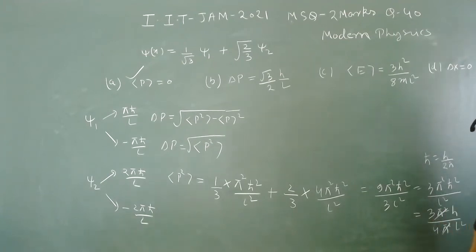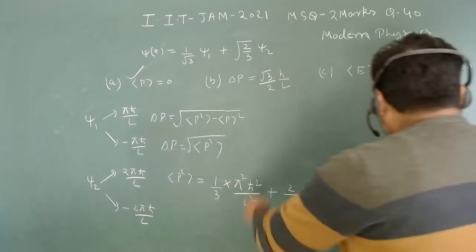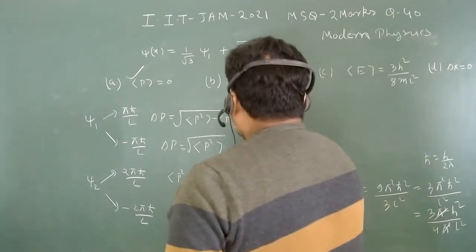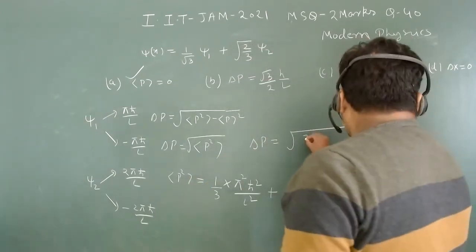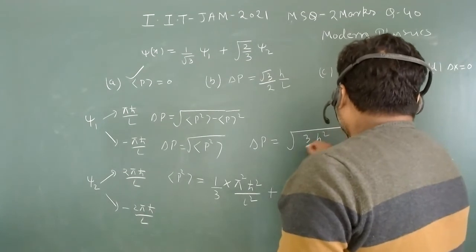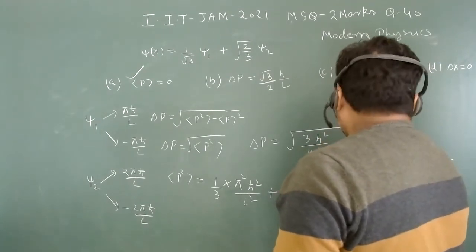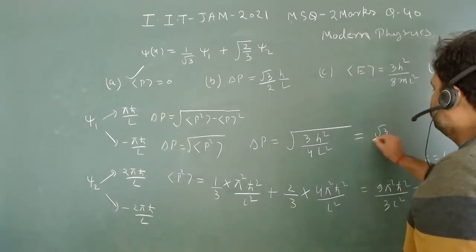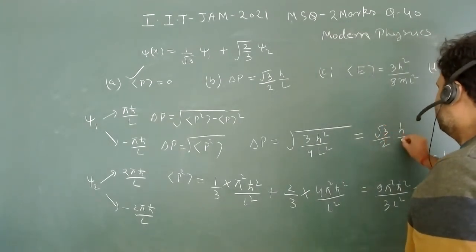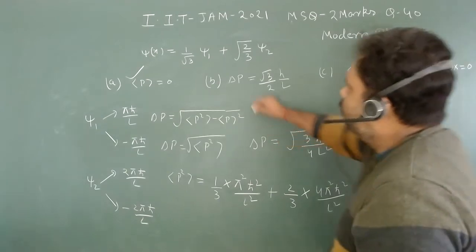The pi square cancels out, so delta P is root under 3 h square upon 4 L square, which is root 3 by 2 h upon L. Yes, this is the correct option.